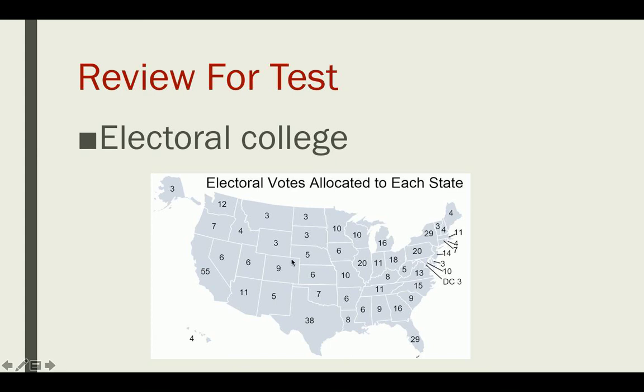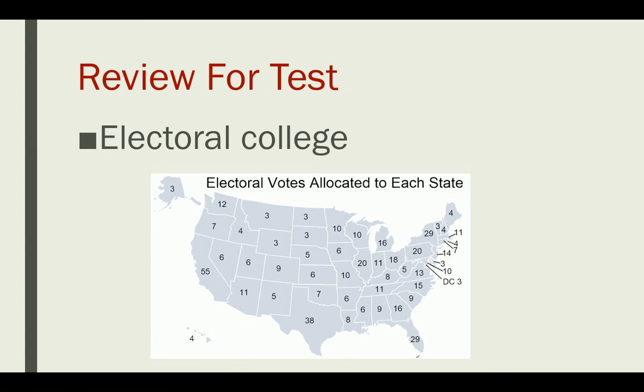So if we're in a state like Texas and a candidate wins the popular vote, they get all 38 of the electors. Remember, we need 270 votes to win in the Electoral College, and this process can only be changed through an amendment. So it's possible to get rid of the Electoral College, but we need an amendment to do that.